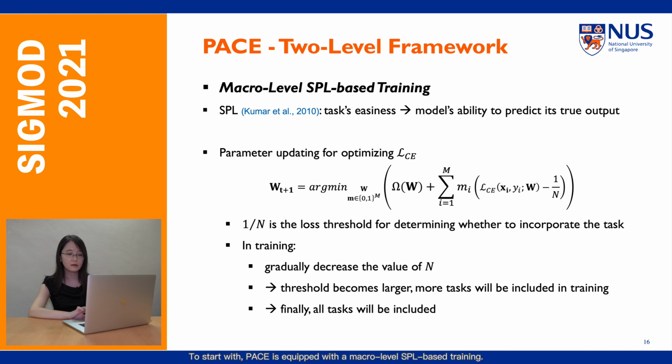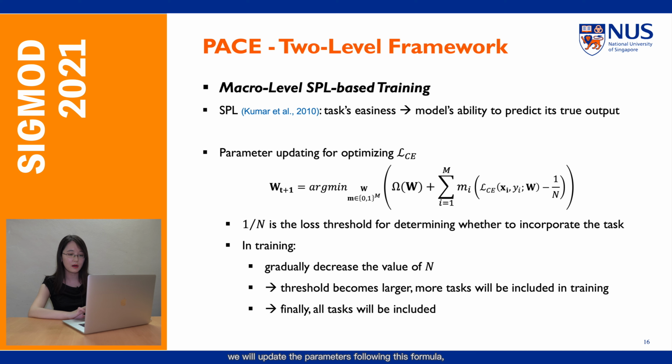To start with, PACE is equipped with a macro-level SPL-based training. The key idea of SPL is to define a task's easiness in terms of the model's ability to predict its true output. Then, for the SPL-based training on the macro level, suppose we use the standard cross-entropy loss function LCE.